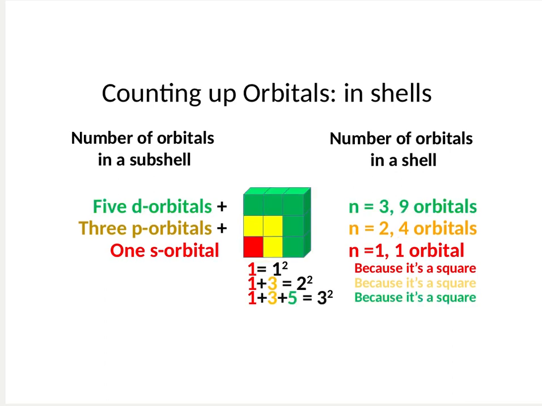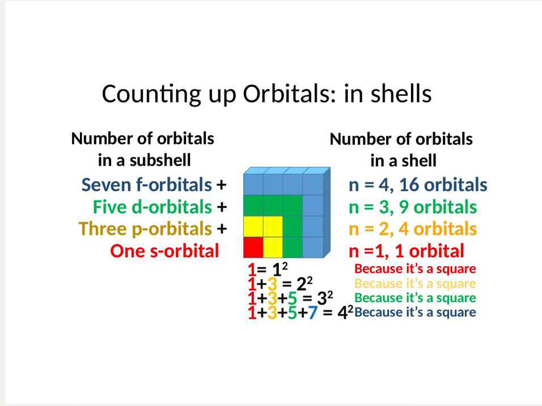And we keep doing this as we go on to these larger orbitals. We see that this n squared rule holds, and with the quantum housing analogy and this little square model, it hopefully becomes a little bit more intuitive and easier to keep these numbers in your head. Okay, so this is great.